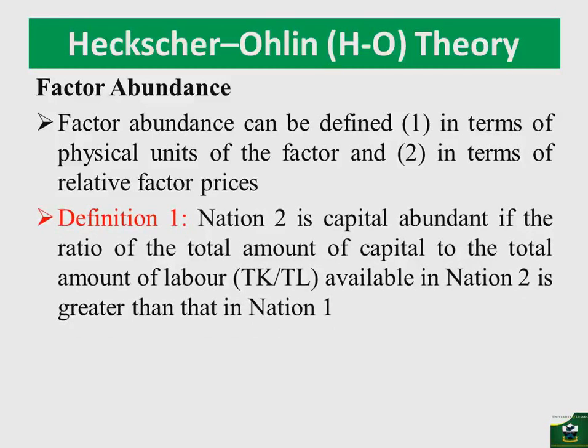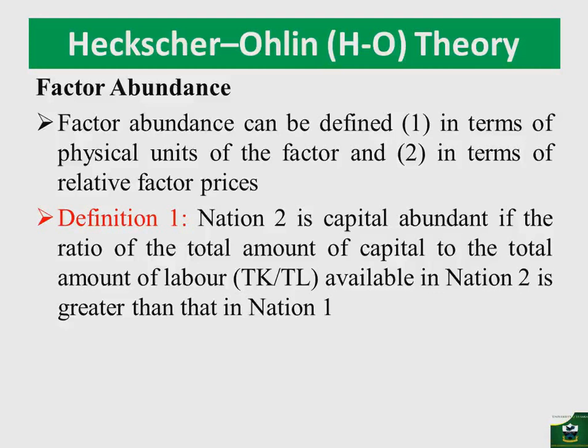Nation 2 is said to be capital abundant if the ratio of the total amount of capital to the total amount of labor available in nation 2 is greater than that in nation 1.